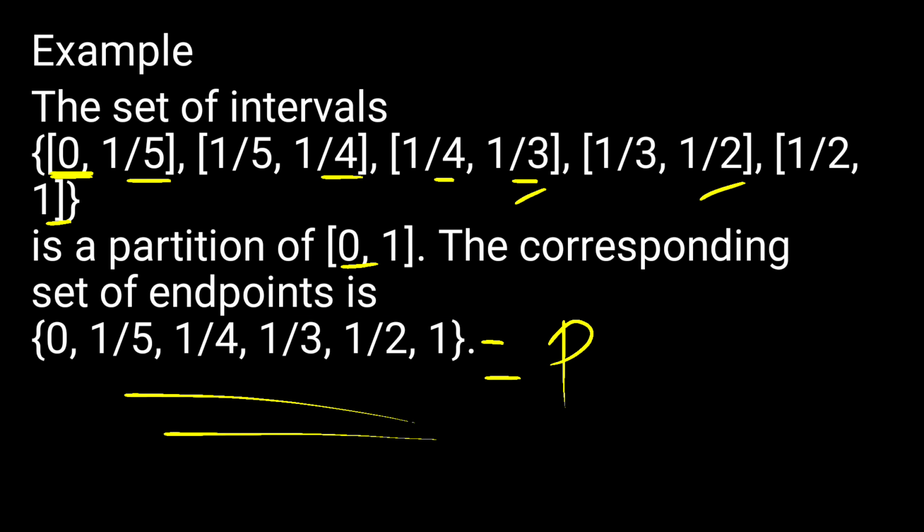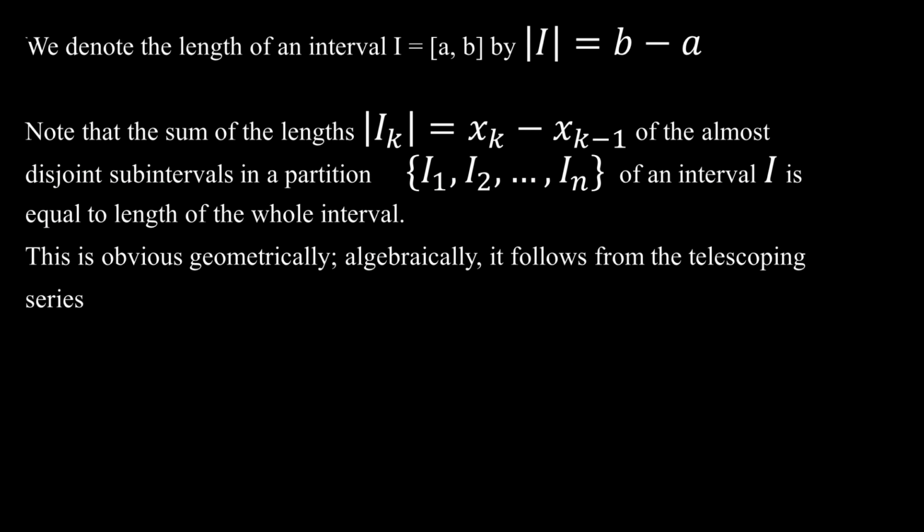Note that. That's very key, because what we have tried there is to use the almost disjoint concept. So for this, we note the length of an interval I by the absolute value of the interval.